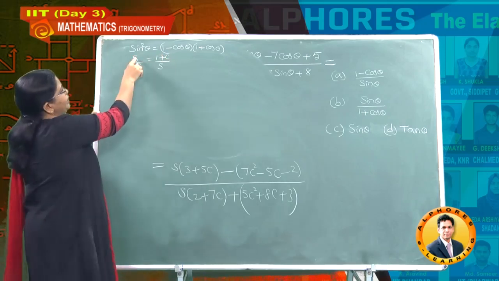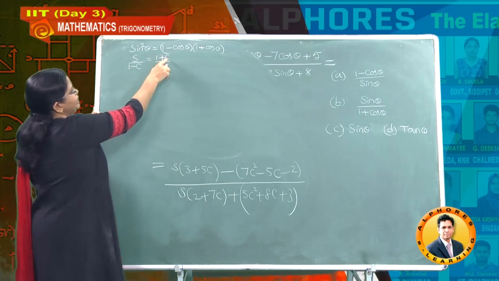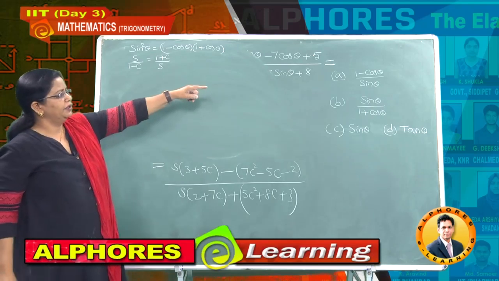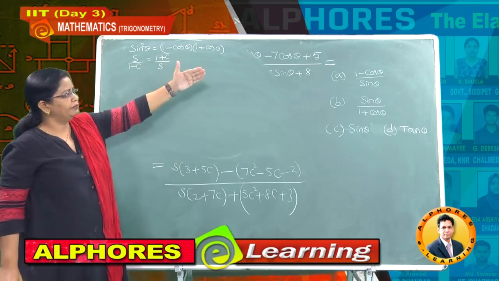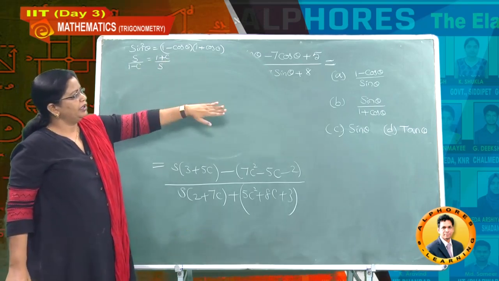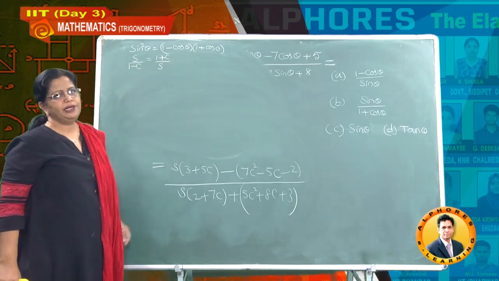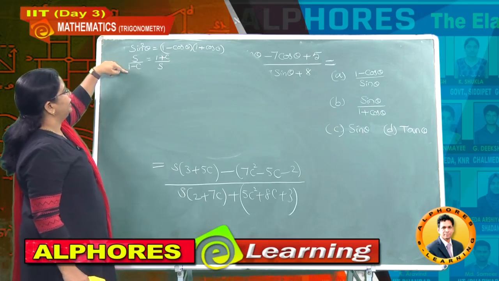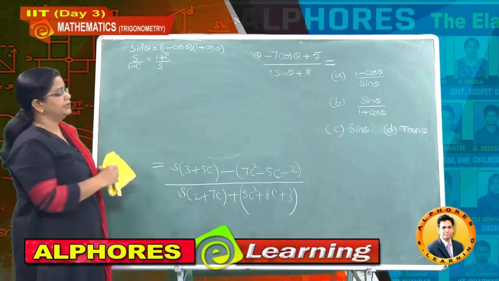Understand? From this you can clearly understand, if at all option A is the answer, automatically option B is also a right answer, because these two are always the same.